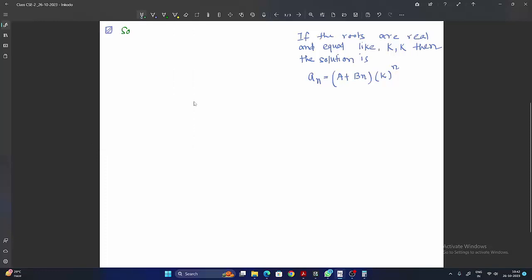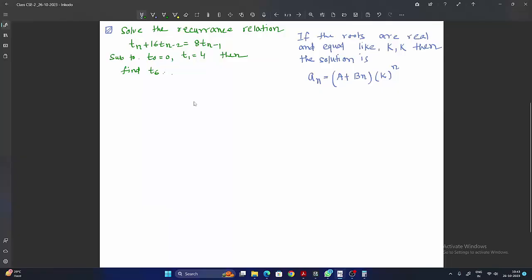Solve the recurrence relation, which is suppose t of n minus 16 t of n minus 2 is equal to 8 t of n minus 1, subject to the condition t0 is equal to 0 and t1 is equal to 4, and then find the value of t of some other point. You can find t of 6 or t of anything.